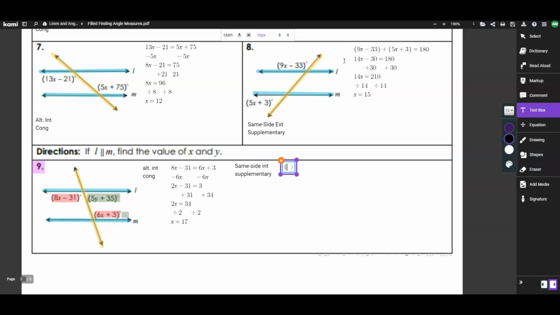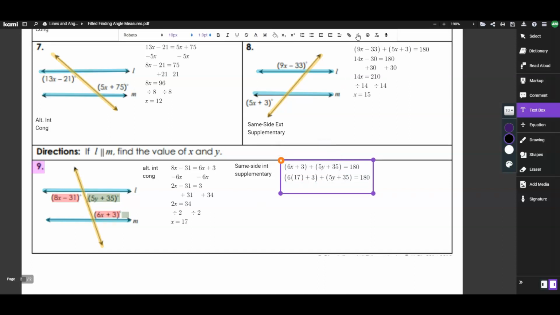So we're going to go ahead and put 6x plus 3 added to 5y plus 35, and that's going to equal 180. I'm going to substitute the 17 in for x. So we have 6 times 17, add 3, and then we're going to add 5y plus 35 equals 180.